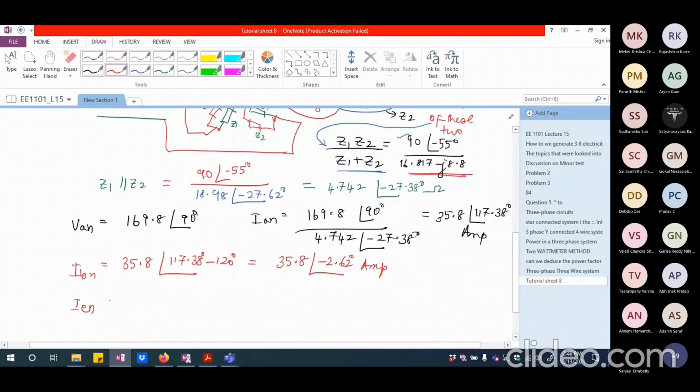ICN has to be further 120 degrees away. So 35.8 angle minus 2.62 minus 120, that will be minus 122.62 degrees ampere. That's it.